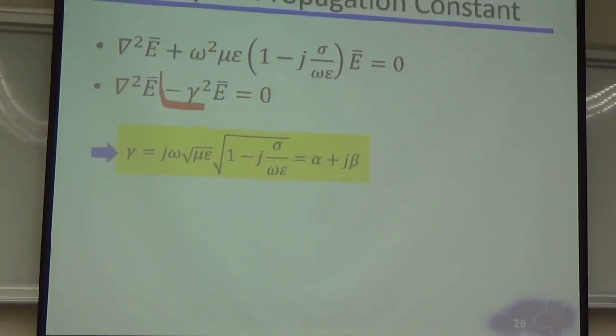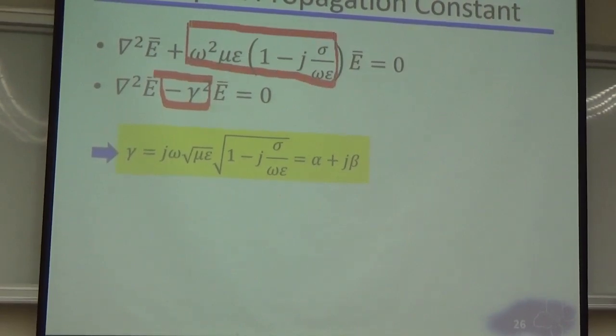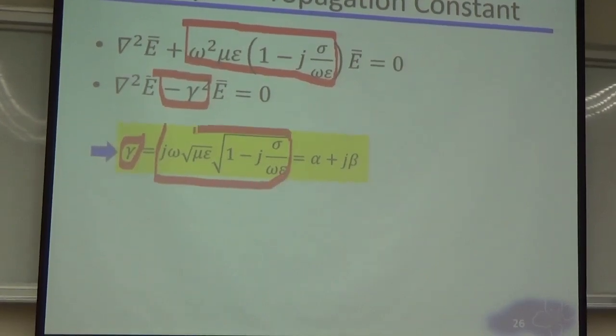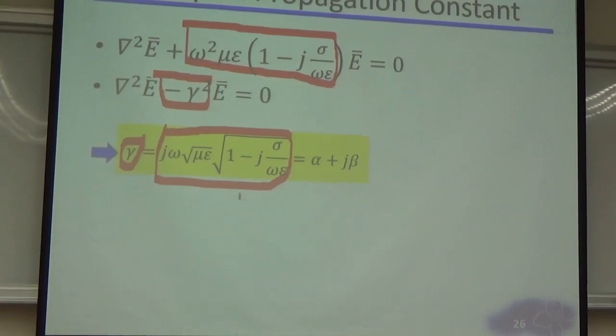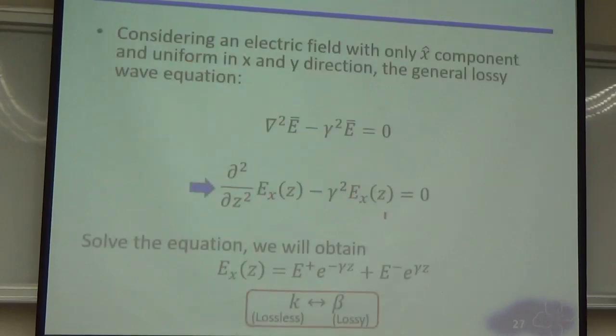This term equals this term. Then your gamma will equal this term. It's not very difficult, so you can do the job. The only thing you need to do is deal with this and separate the real part and the imaginary part. You separate it, and then you know your alpha and beta.